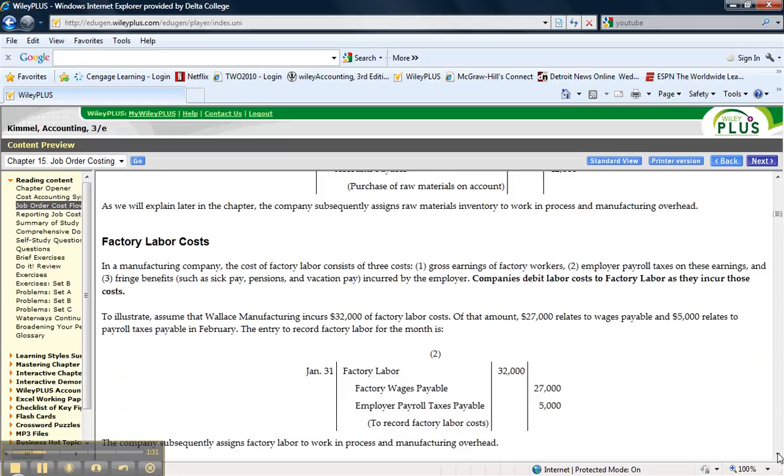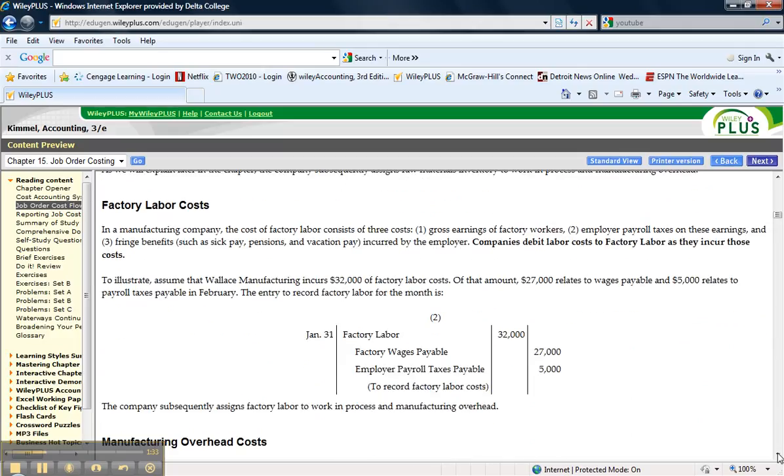Factory labor costs are also incurred and paid as part of an accumulating entry. We're going to dump all of our labor costs into factory labor. This is also a control account where all of the costs associated with factory workers get dumped. So we can see we're paying factory wages. That amount is due to the workers.